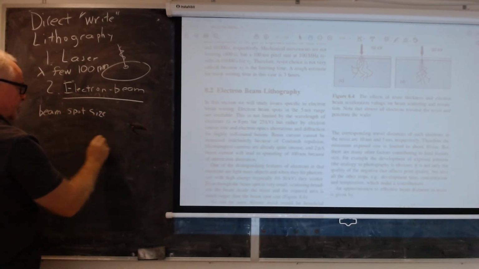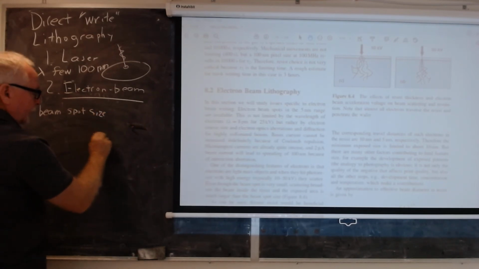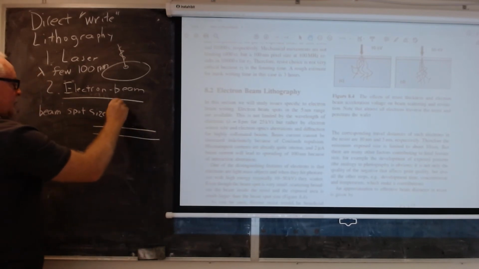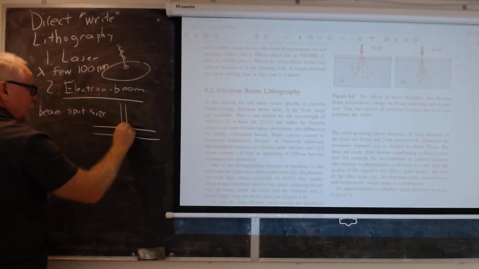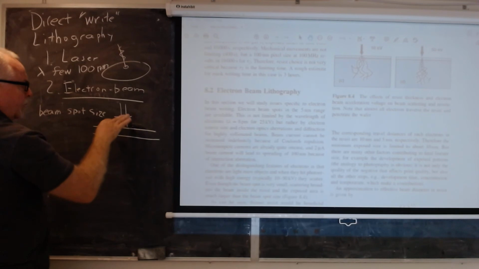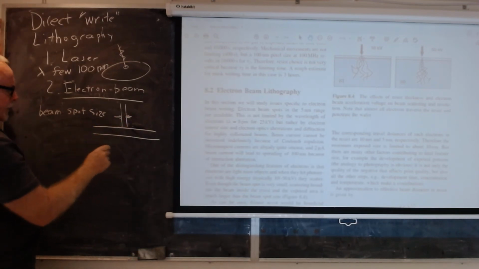So if I have a wafer and I have my photoresist, the beam spot size refers to that, which I think he uses D for. But I won't write anything because I'm not sure what variable to use.